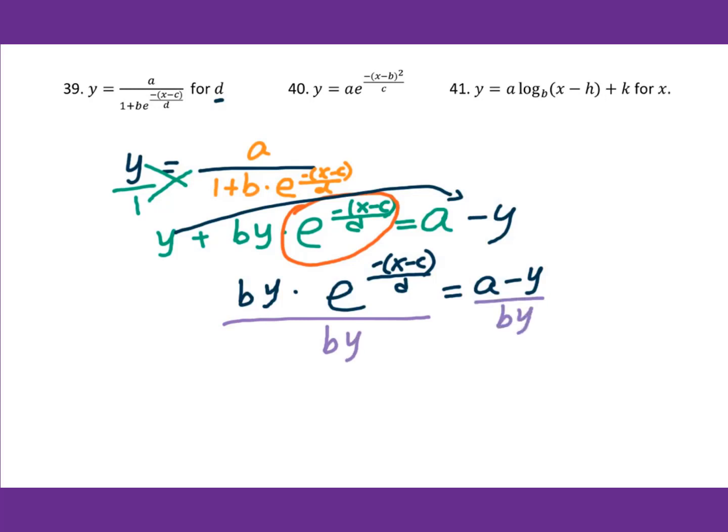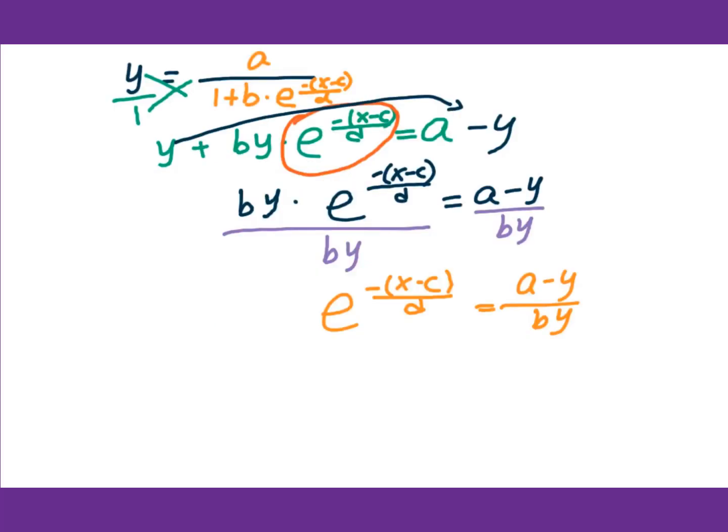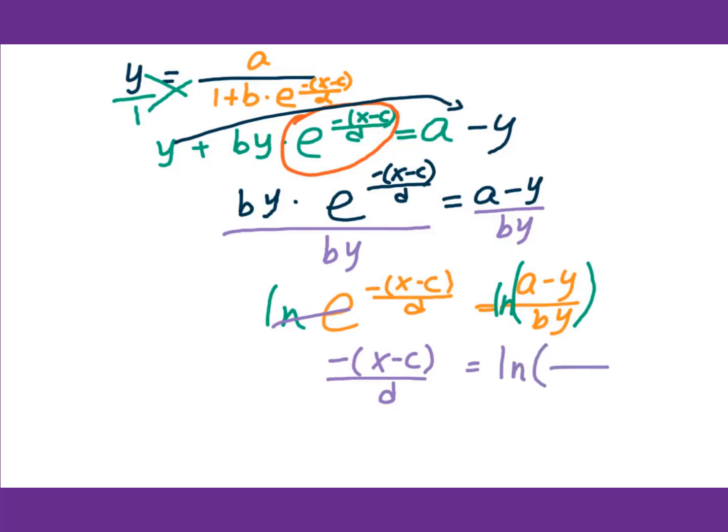You will get e to the negative x minus c over d power equals a minus y over by. Then we take the natural log of both sides, and you will get negative x minus c over d equals natural log of a minus y over by.